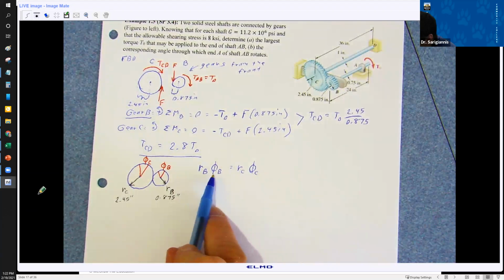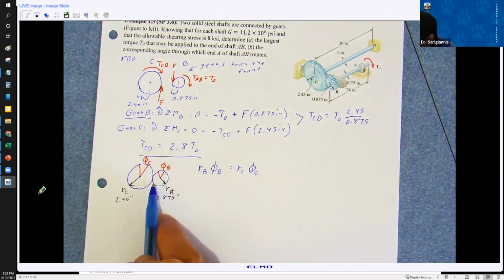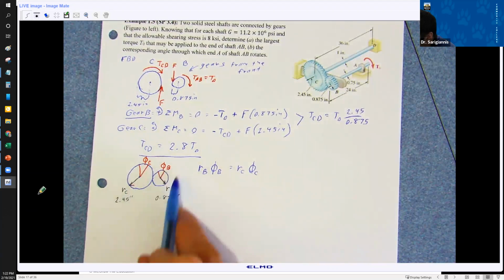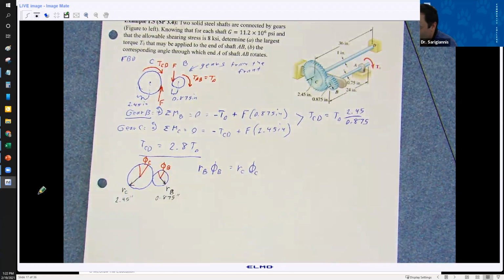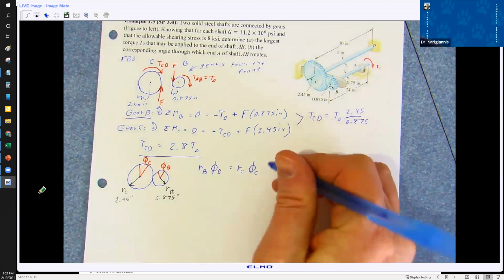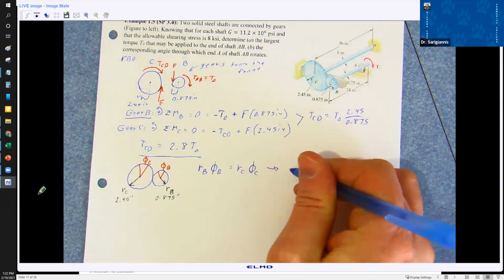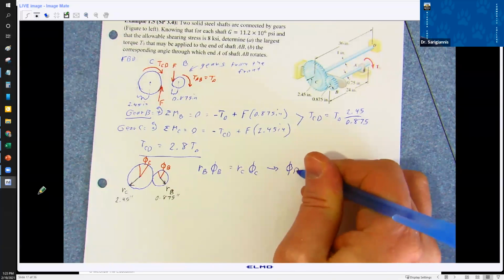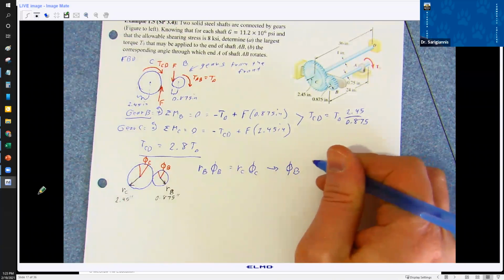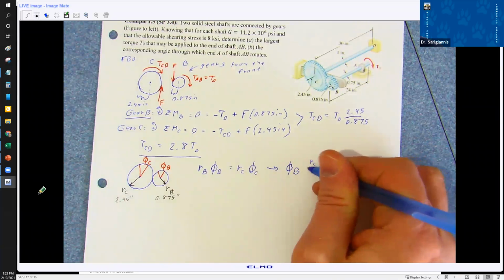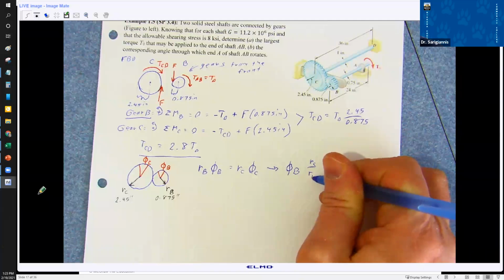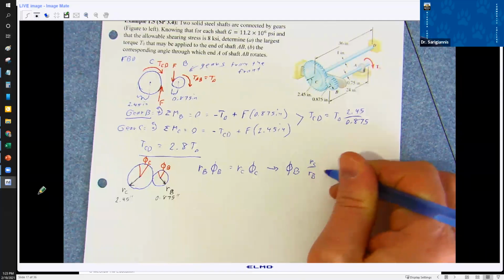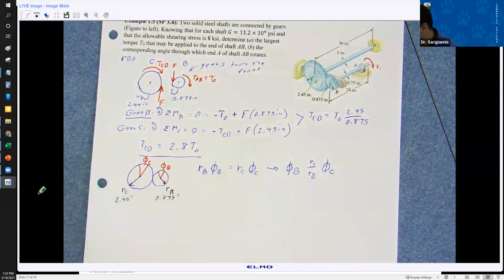The radius times the angle gives you that arc length. Remember, one is a smaller radius than the other. If they were the same radius, we would just say phi C equals phi B, but that's not the case. It's a ratio between them. So from here, you can find the relationship between phi B and phi C, RB.